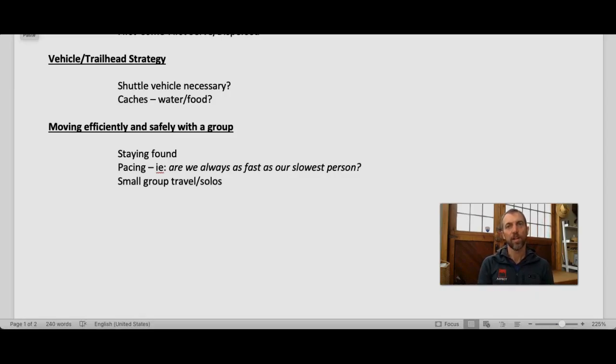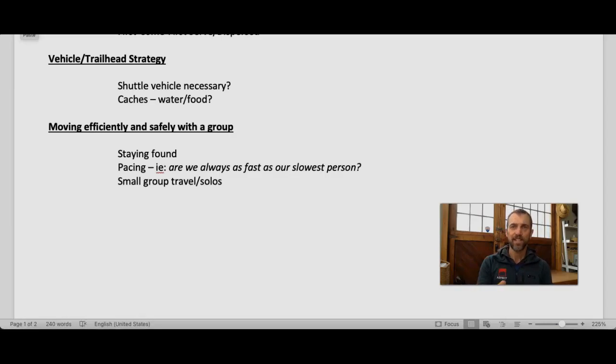Where are we going? What are some landmarks to look for? What are some forks in the trail that we should pay attention to? That sort of thing. And then use your participants too. Orient everyone to where we're going, to what's on the map at the trailhead, point out those features, point out those forks in the road, point out some places where navigation might be difficult.